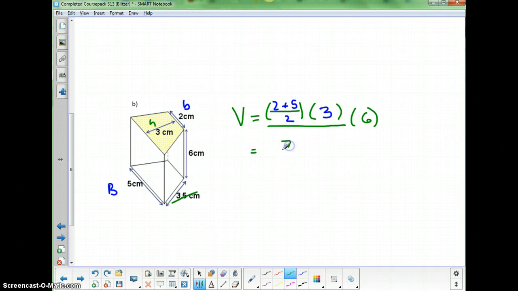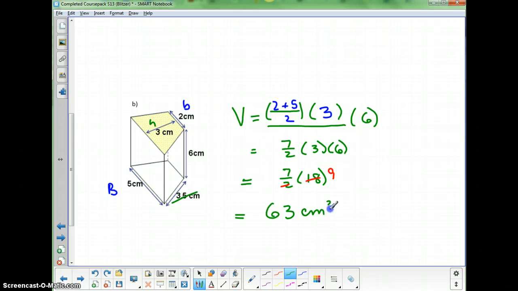So this is 7/2 times 3 times 6. Alright, so 7/2 times 18, and then I can reduce. I know that 2 goes into 18 9 times, so my final answer is 7 times 9, or 63 centimeters cubed.